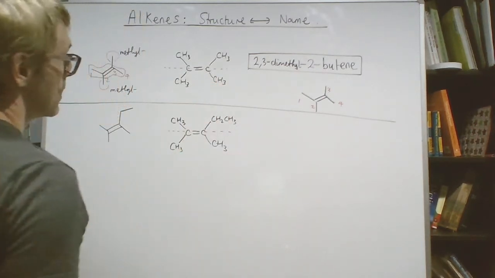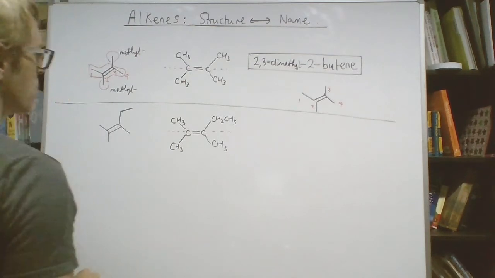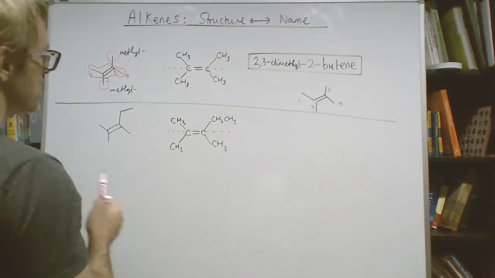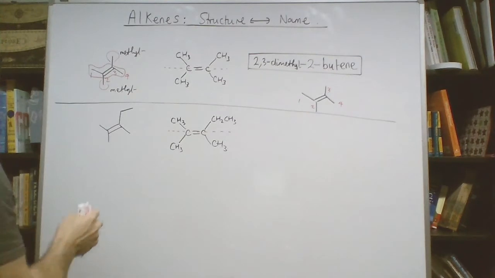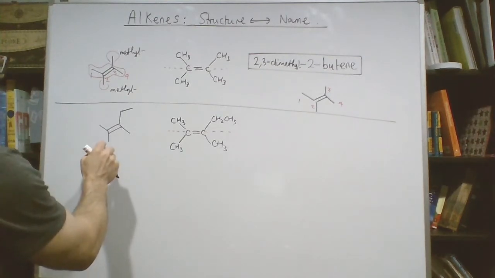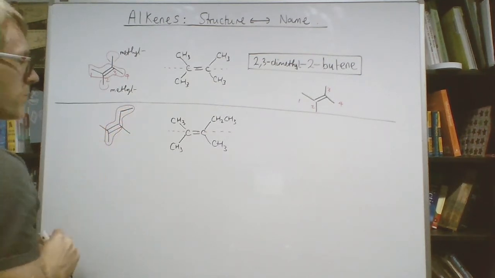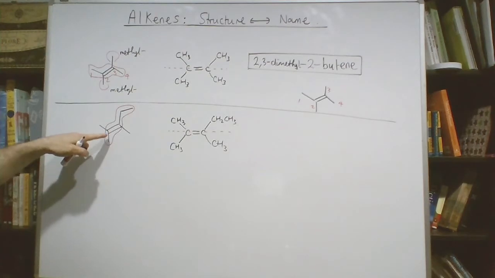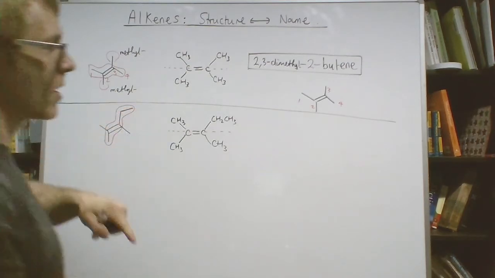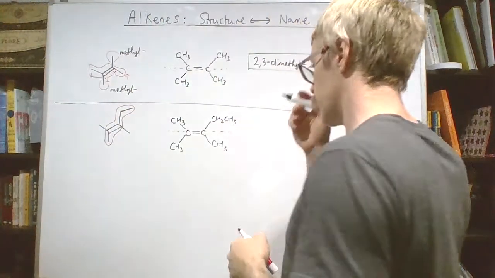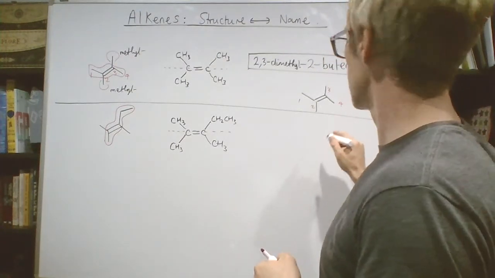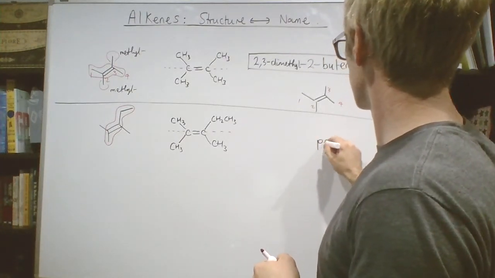So I definitely have some asymmetry. But do I have cis-trans isomerization? Well, let's see. Let's look at the longest continuous chain that contains the double bond. I have 1, 2, 3, 4, 5 carbons in that continuous chain, so that would be pentene.